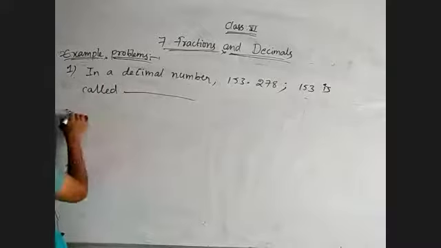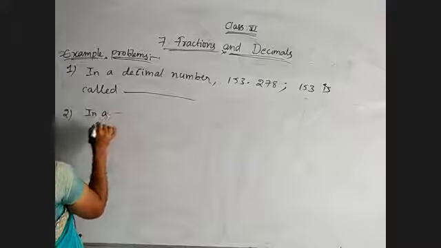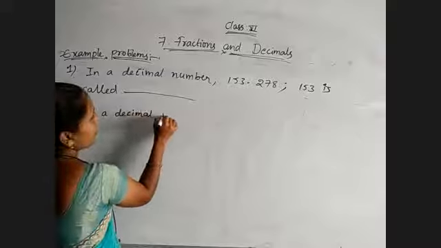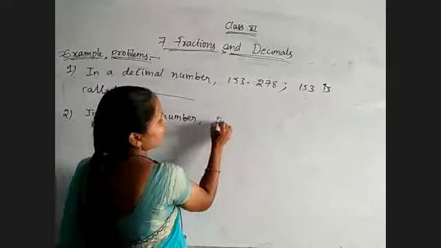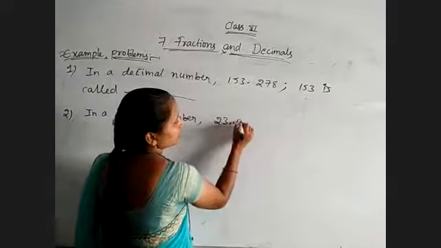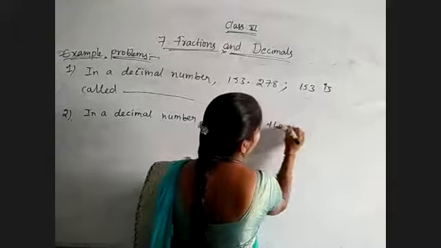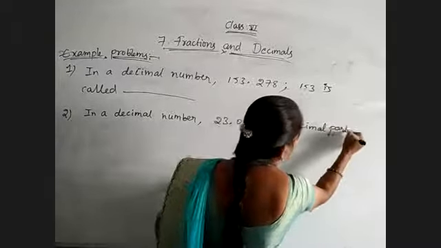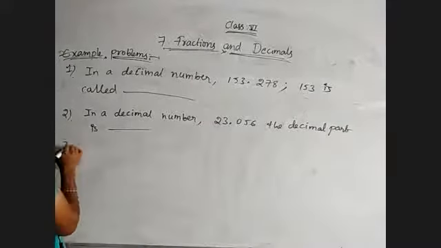And second question, in a decimal number 23.056, the decimal part is dash. And next.